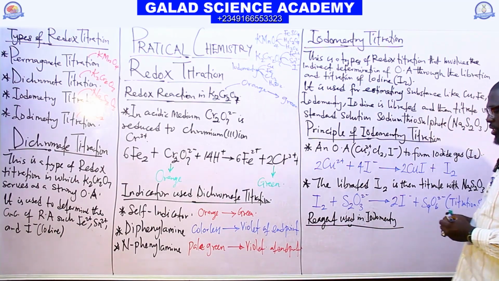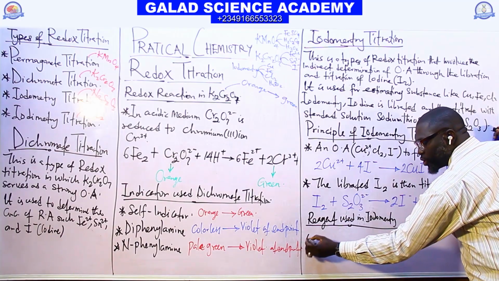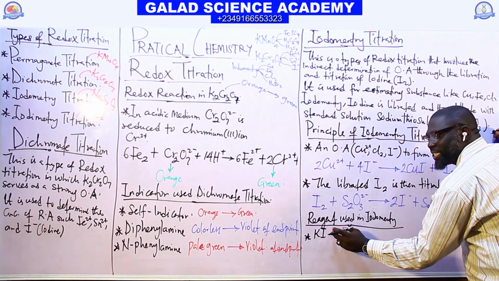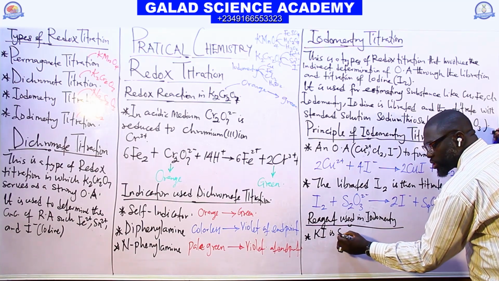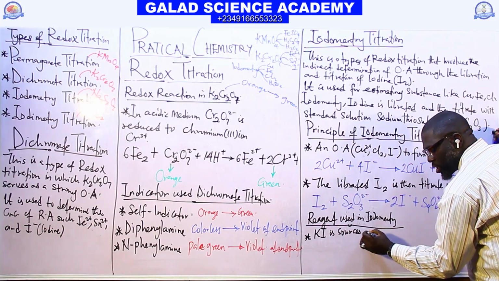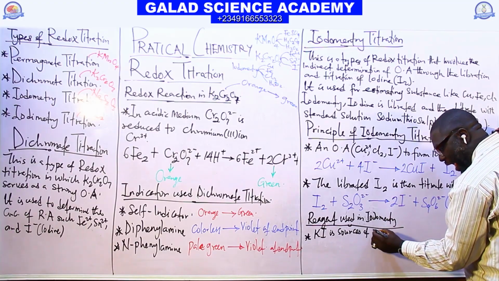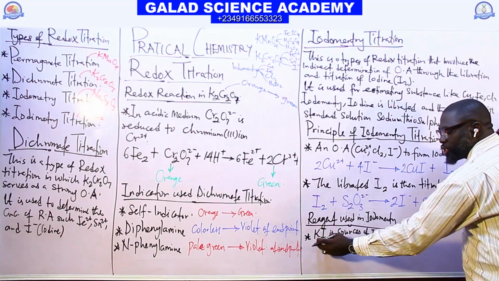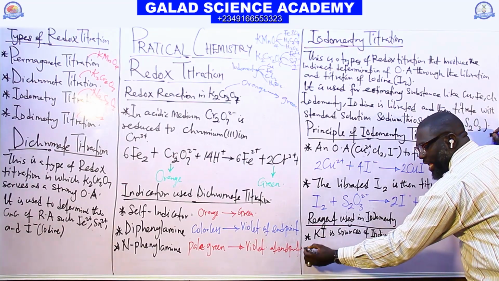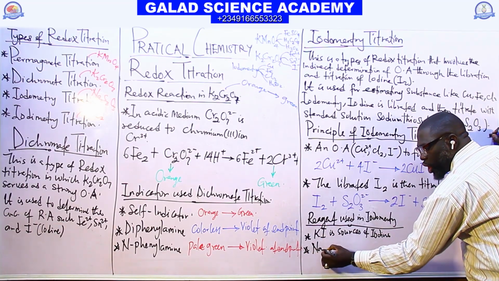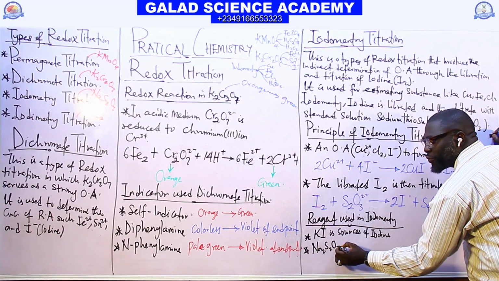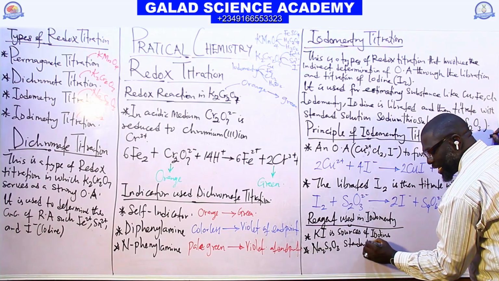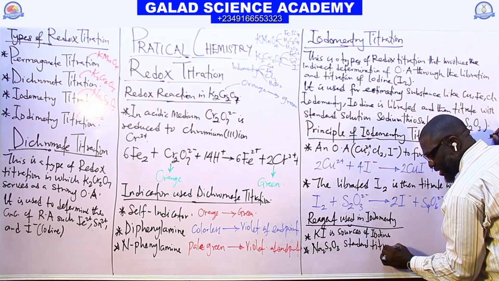What are the reagents used? The first reagent used is potassium iodide, which serves as a source of iodide. The second one is sodium thiosulfate, which serves as the standard titrant.